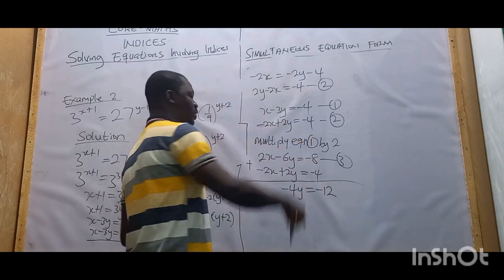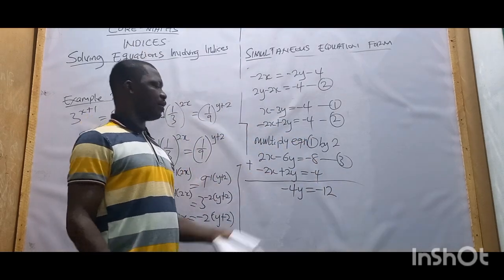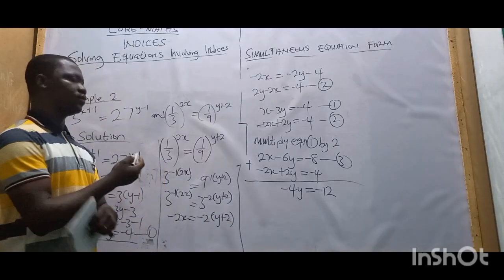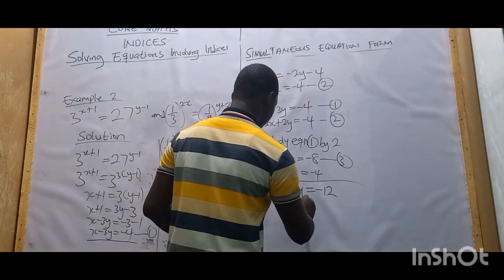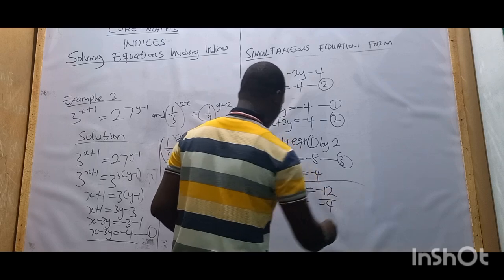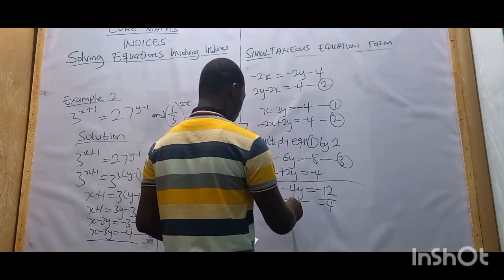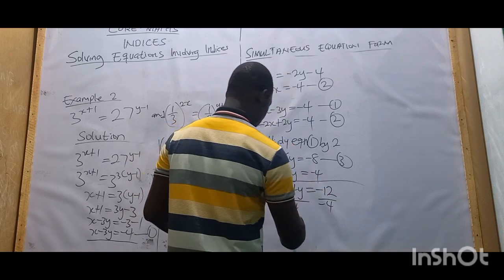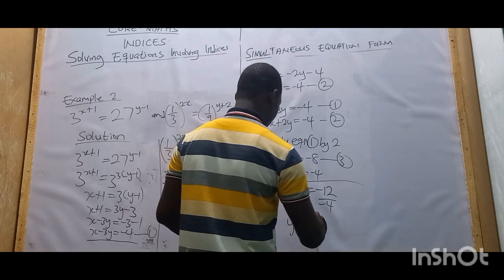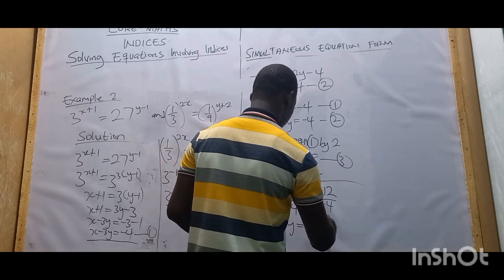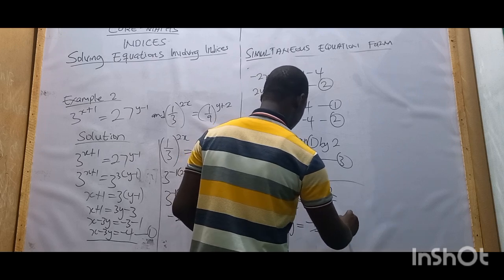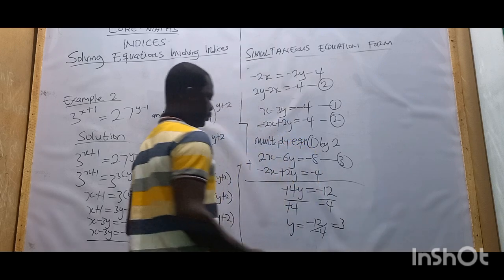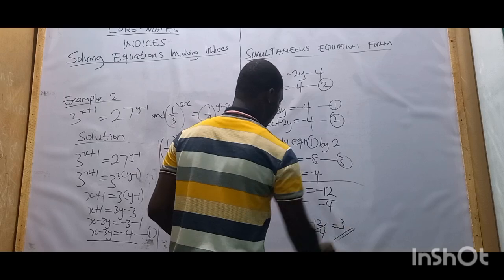If I owe you 8 cedis and I borrow another 8 cedis, it will be what? Negative 12. So I divide both sides by negative 4. So my y will be equal to what? Negative 12 over negative 4, which should be what? 3. So here now y is what? 3.